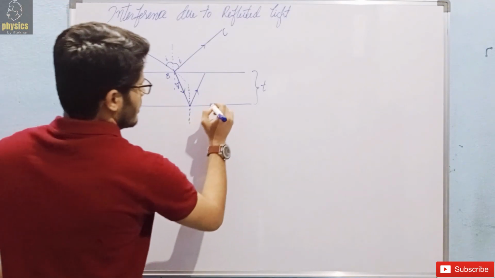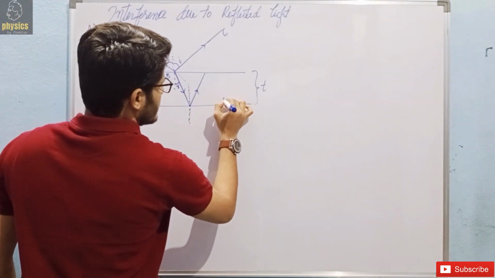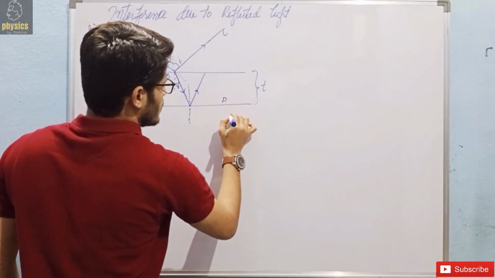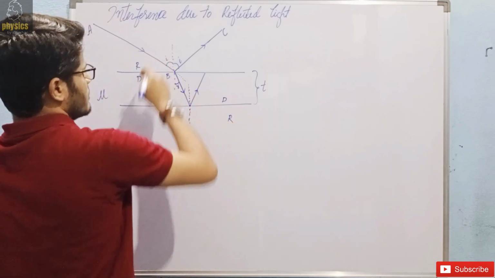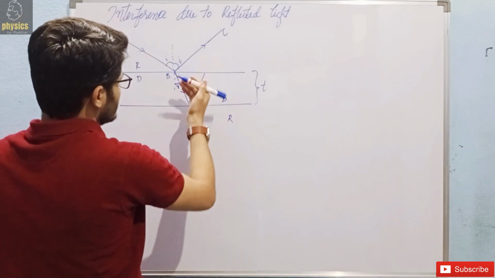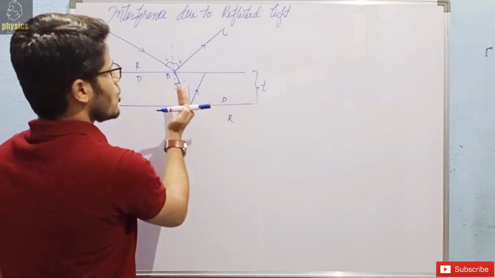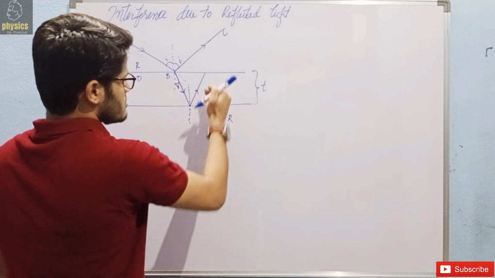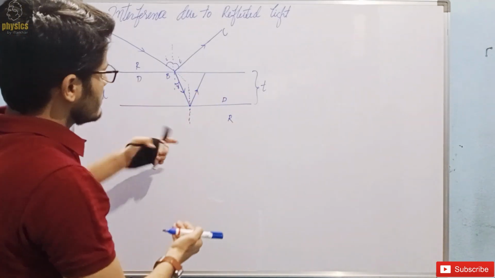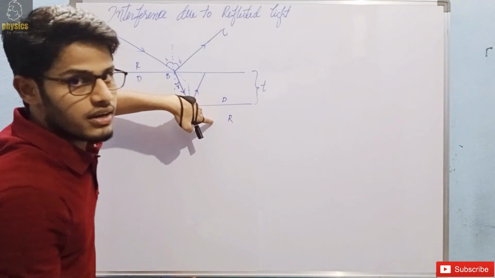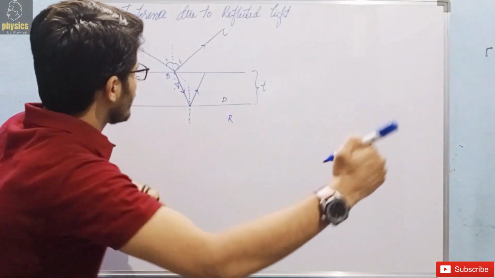Again, because the light ray is traveling from denser to rarer, the reverse will happen. Initially the light got bent towards the normal. Now the situation is different. The traveling is from denser to rarer, so the light will bend away from the normal.